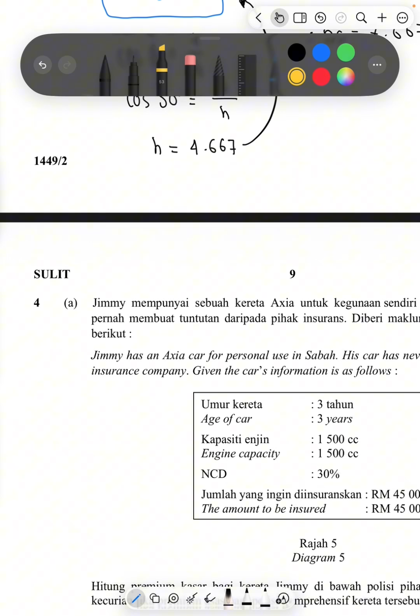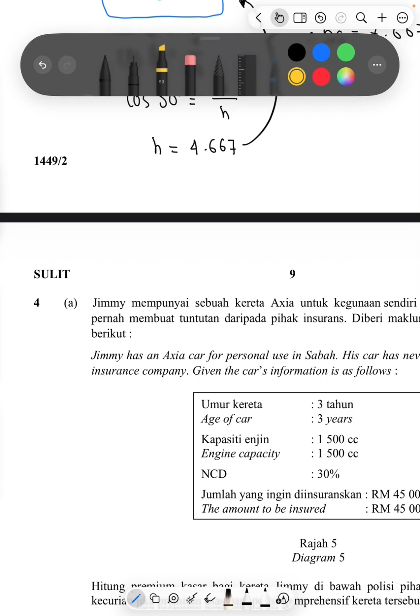So that means that you have to take your sum insured minus 1,000, over 1,000, and then you'll get the amount that you have to times 26 or 20.30 ringgit.